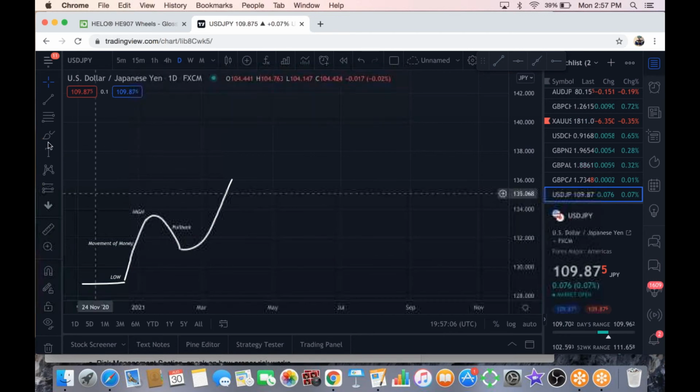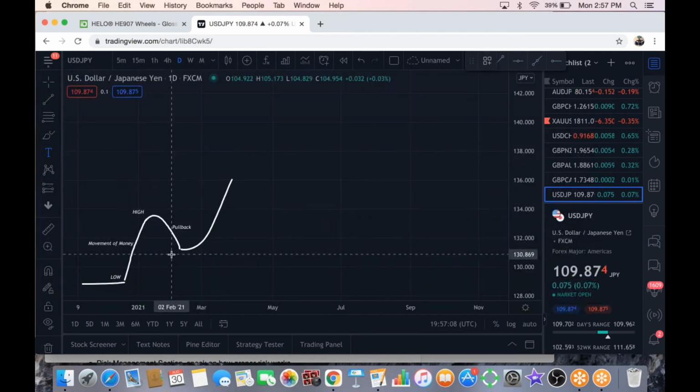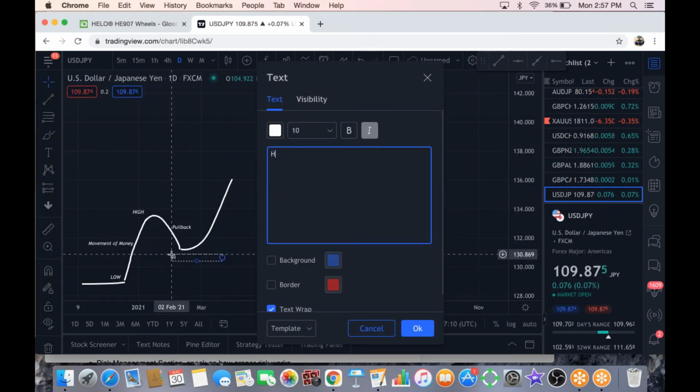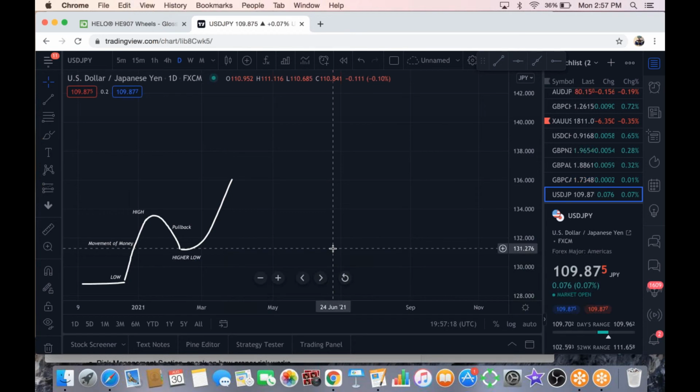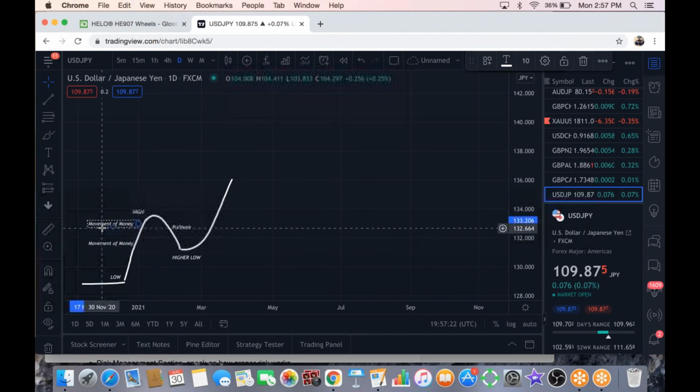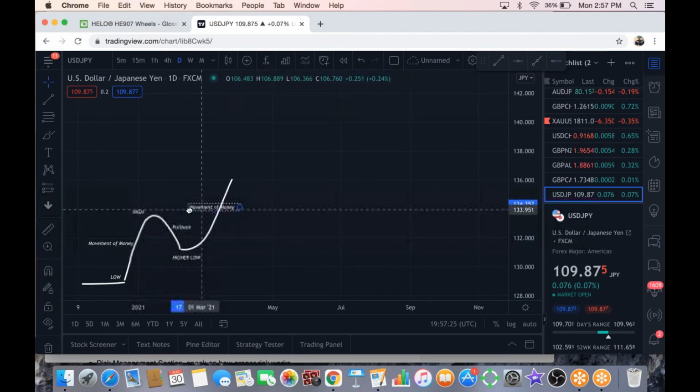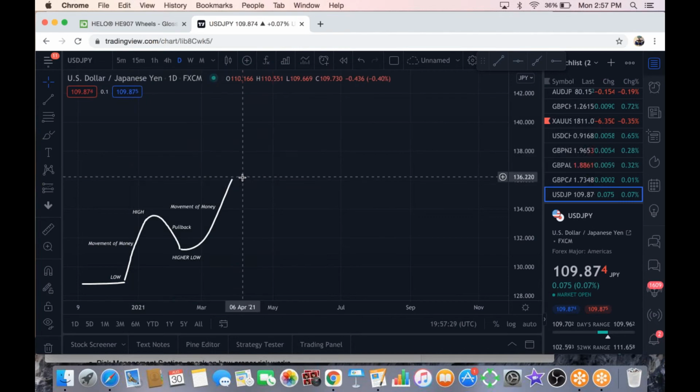So this line that we put here would be our higher low. And then we have another movement of money. That's what happens right here. There's another movement of money, and then what gets created right here is not just a high, but a higher high.